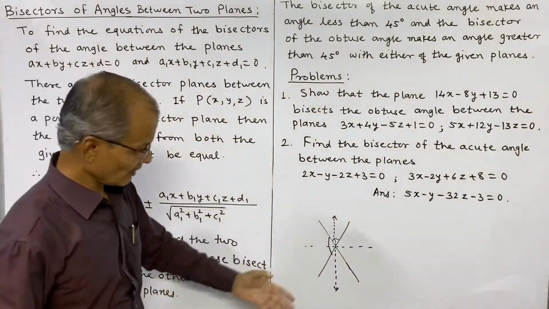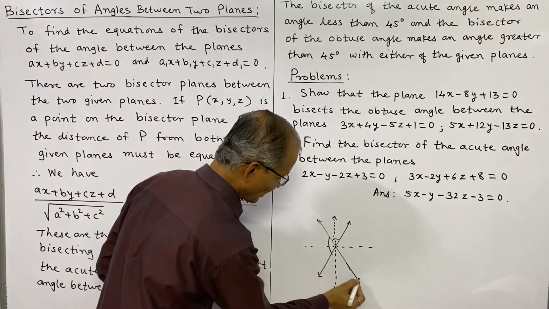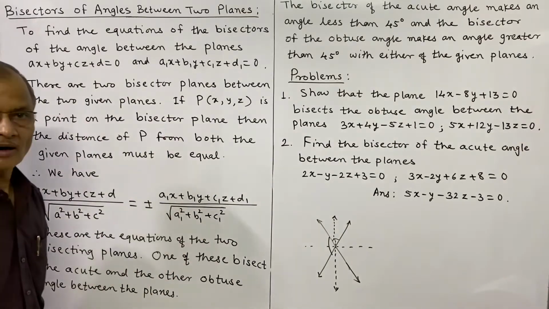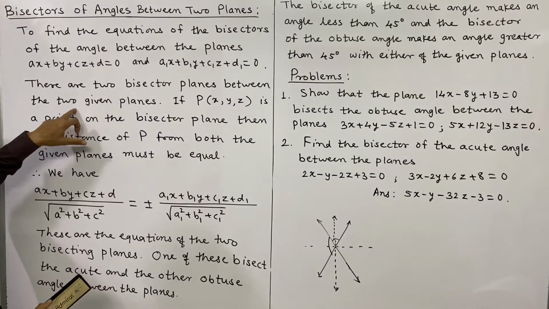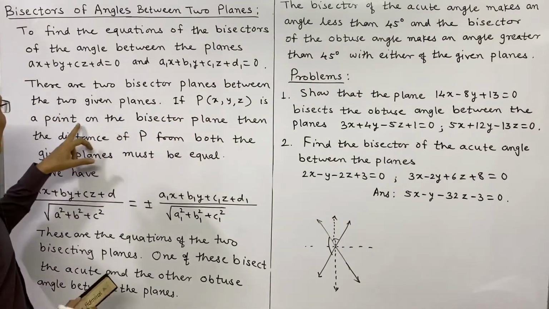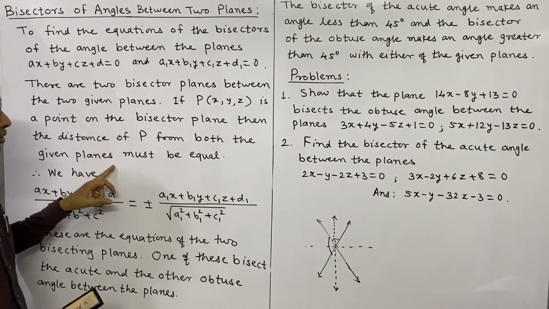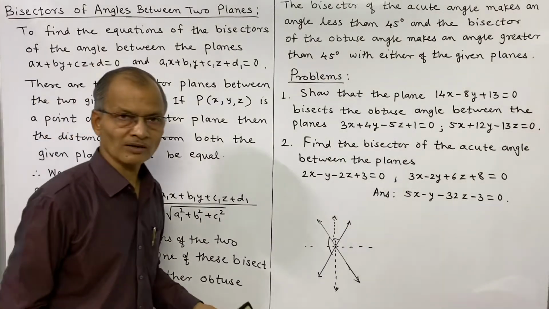For two lines, there are also two types of angles made, one acute, another obtuse. If the lines are not perpendicular to each other, then if we consider a point P on the bisector plane, then its distance from both the planes must be the same.